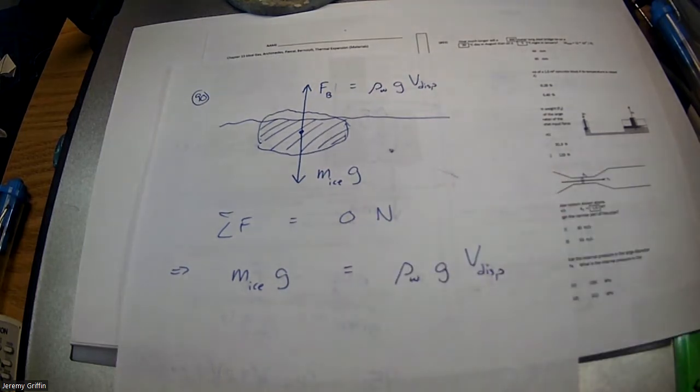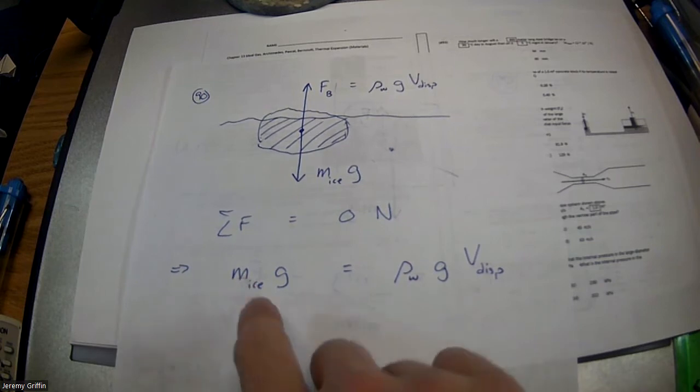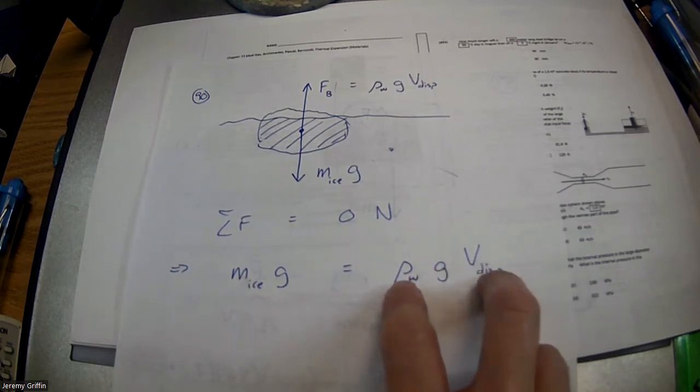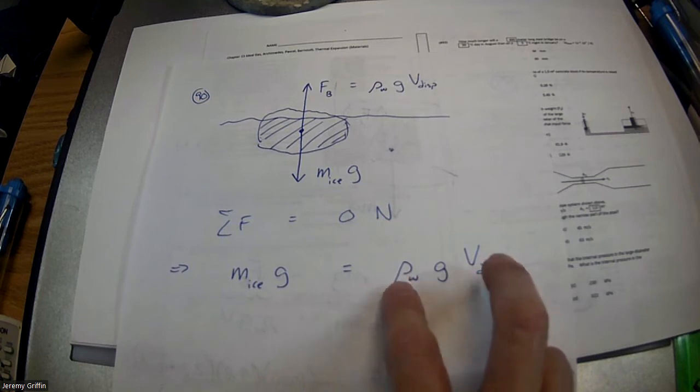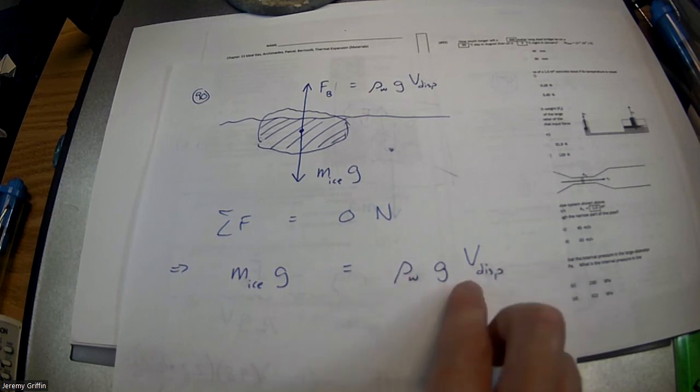Those have to be equal. You remember, Archimedes' principle really says the weight of displaced water is equivalent to the buoyant force in magnitude, and density times volume is mass, and then times gravity field is weight.